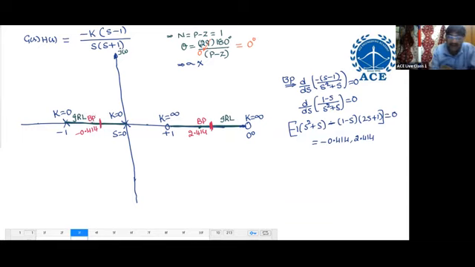Why? Because if we draw the direct root locus, what happens? If we observe the direct root locus branches, there is one pole here and a zero here. Here there exists the direct root locus, K is 0 here and K is infinity here. Here also K is 0, and here there is no direct root locus. Here it exists.